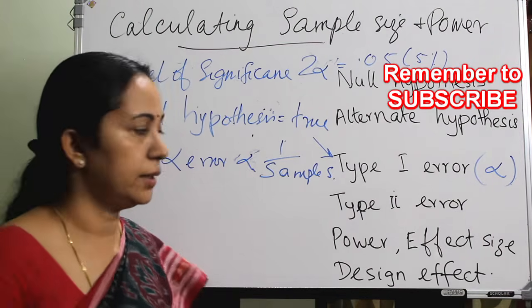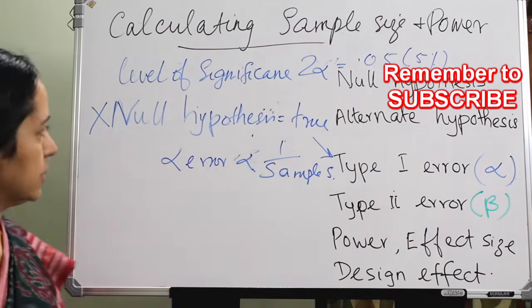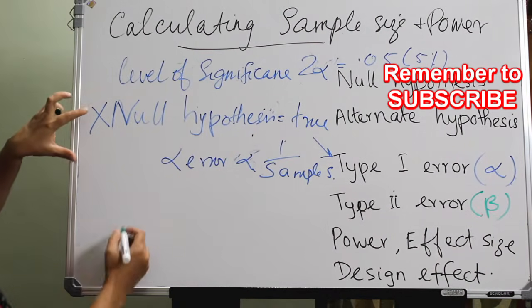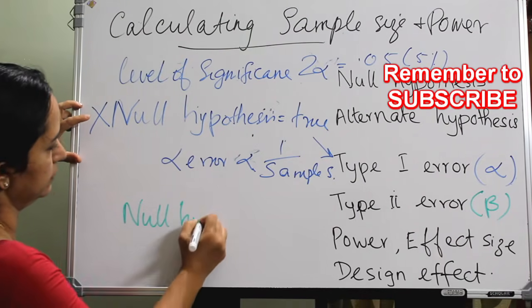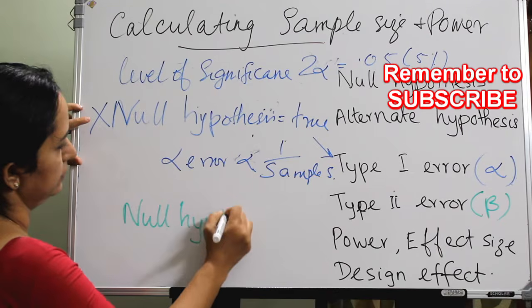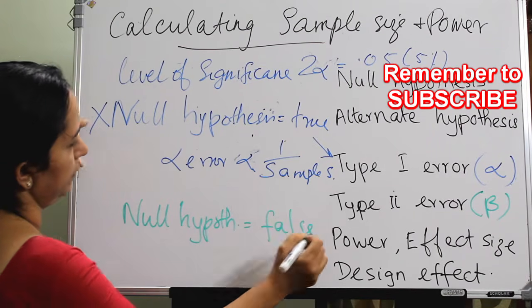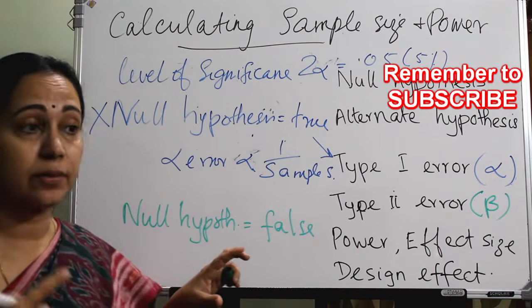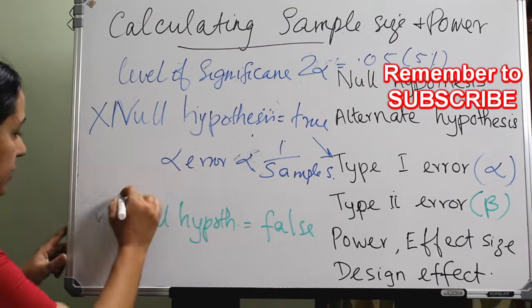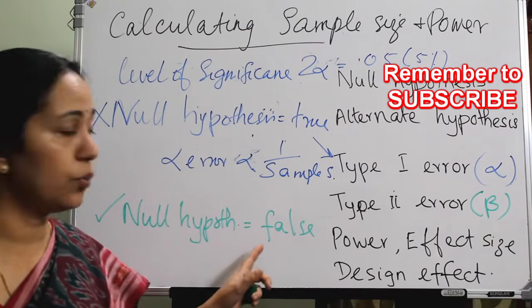Type 2 errors are otherwise called beta errors. Okay, what is that? When a null hypothesis is false, it has to be rejected. But the investigator failed to reject a null hypothesis when it is false.